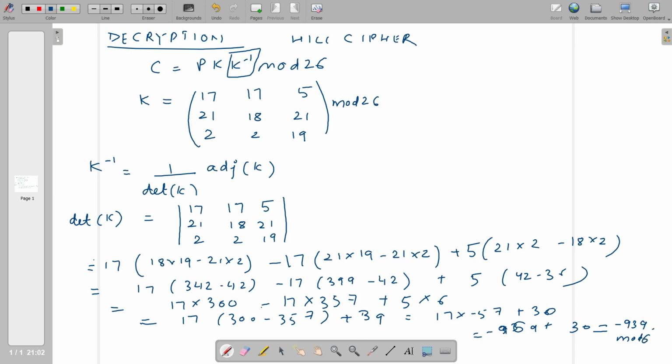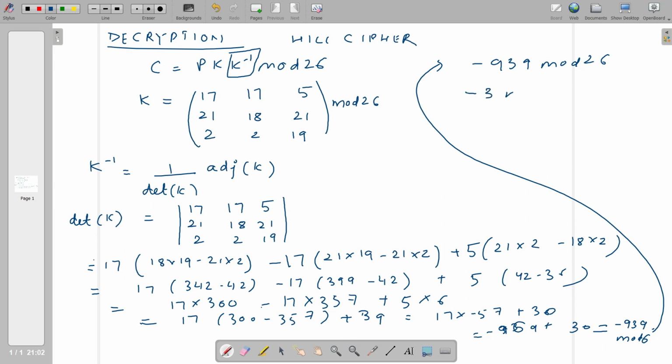When we do the mod 26 operation, it is minus 939 mod 26, which is minus 3 mod 26. The first thing is, we always do mod 26 operation for the Hill cipher, whether it is matrix multiplication, calculation of the determinant, or calculation of the adjoint. For every operation we consider mod 26.